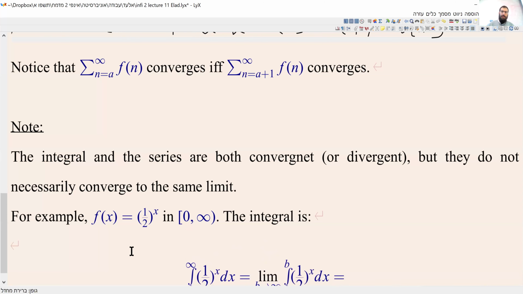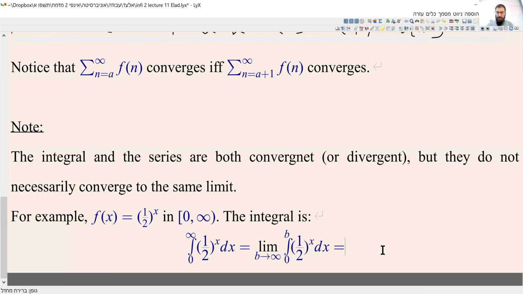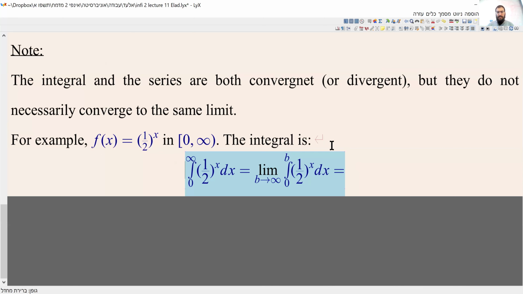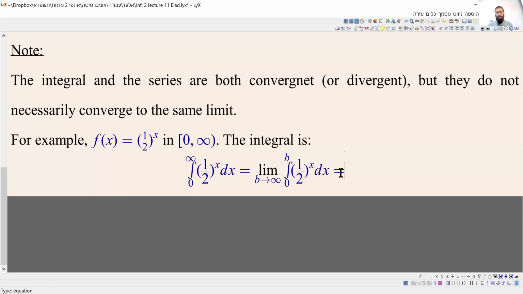Now, an exponential integral was one of our immediate integrals in lecture number one.